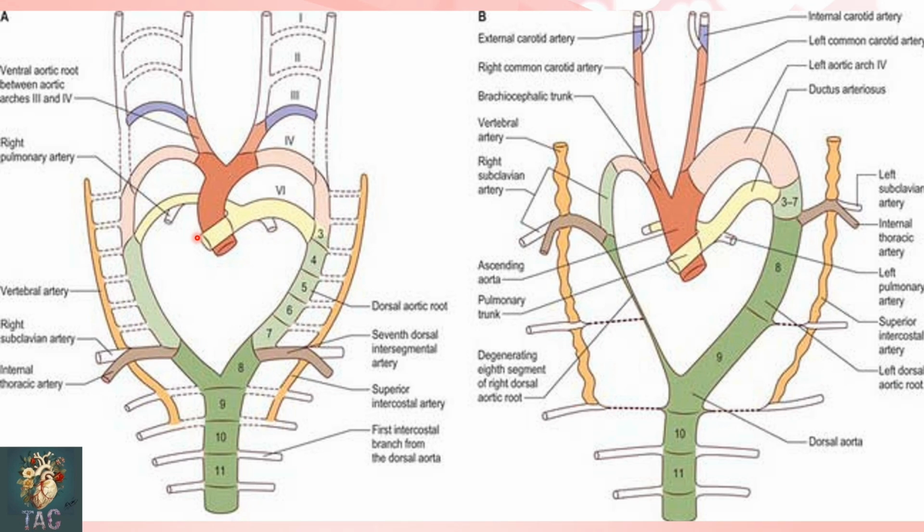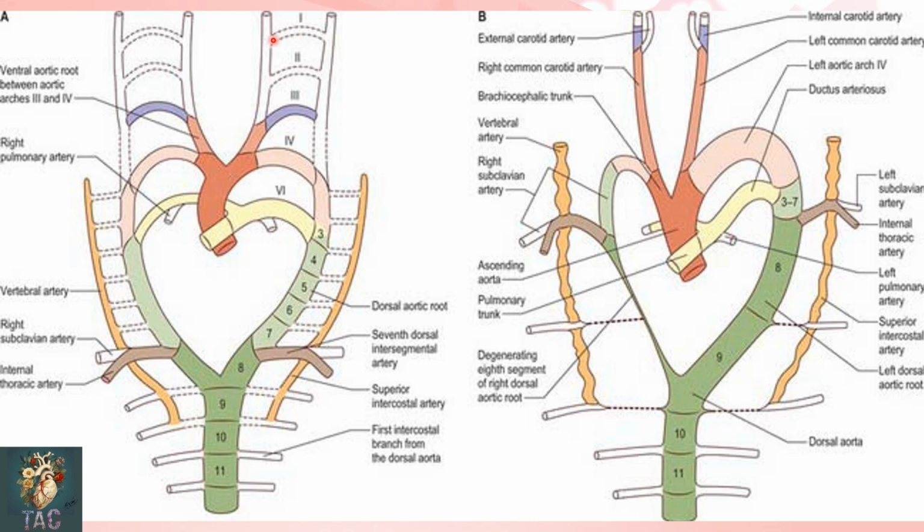So first look at this. This is the ventral aorta and this one is the dorsal aorta. This is the left side, this one is the right side. The proximal parts of the ventral aorta fuse to form the aortic sac.